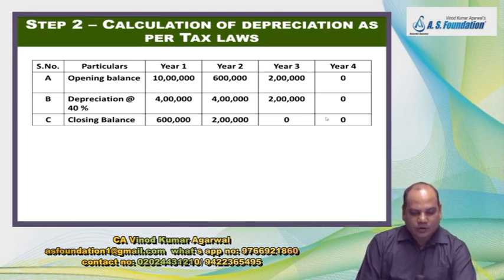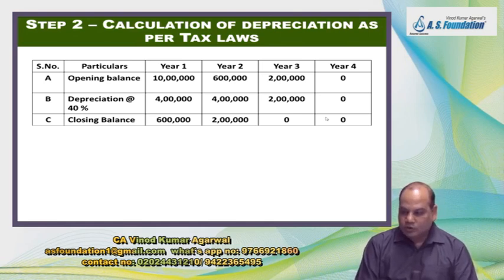If nothing is given, then for tax purpose you assume WDV, but it is given in this problem. Solve. 10 lakh, 4 lakh, 6 lakh. Second year 6 lakh, 4 lakh, 2 lakh. Third year 2 lakh, you can't write depreciation 4 lakh, 2 lakh only. And then 0. Fourth year 0, 0, 0.